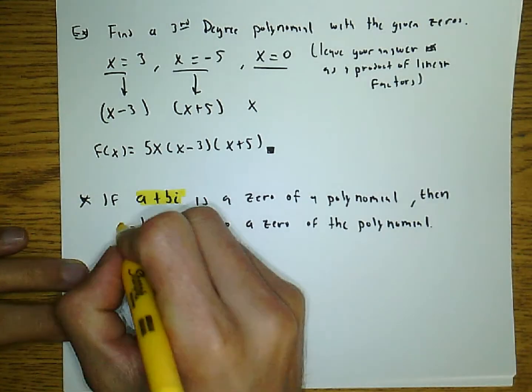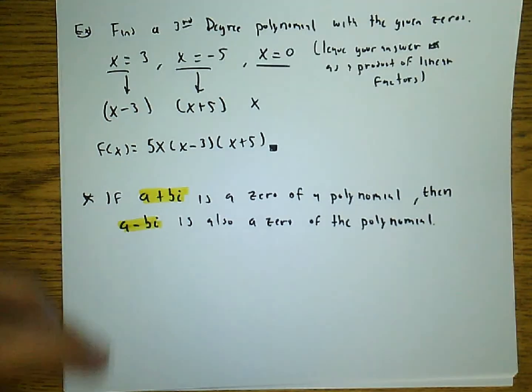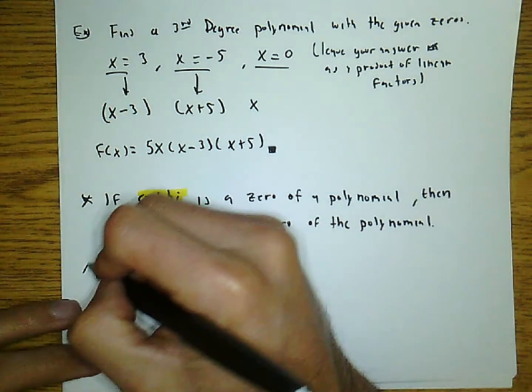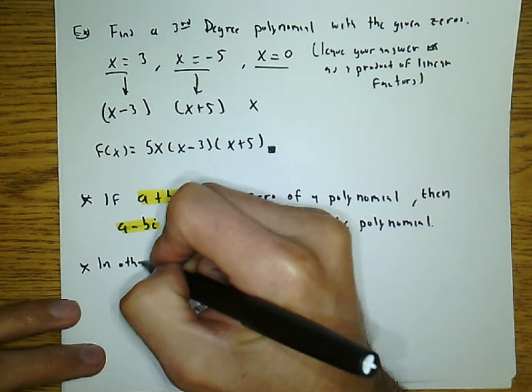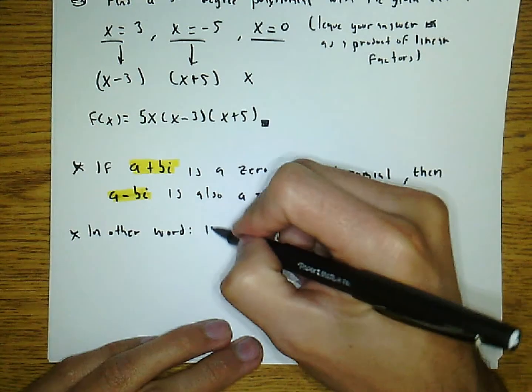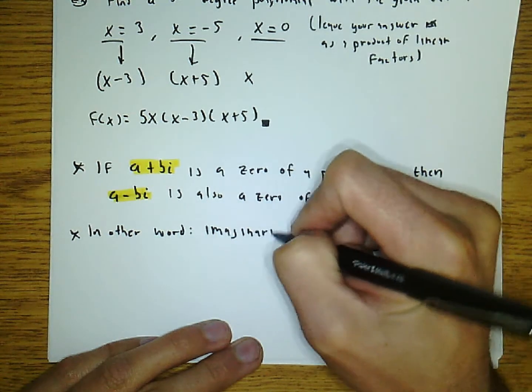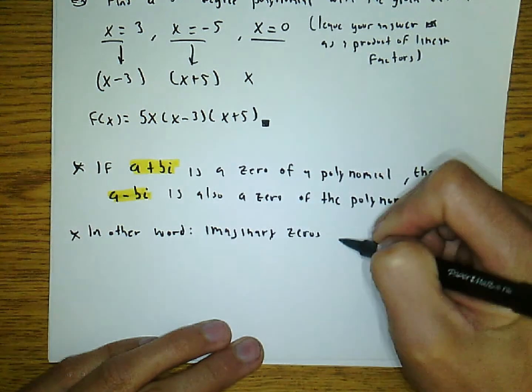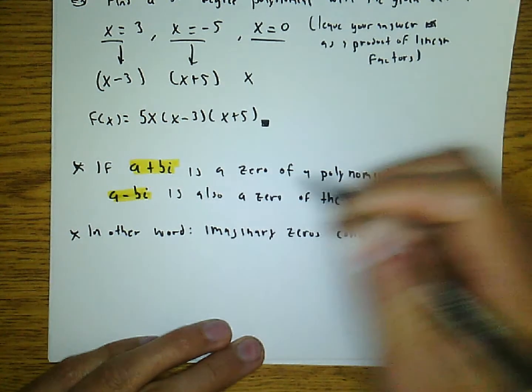Okay, this is called conjugate pairs. In other words, imaginary zeros come in conjugate pairs.